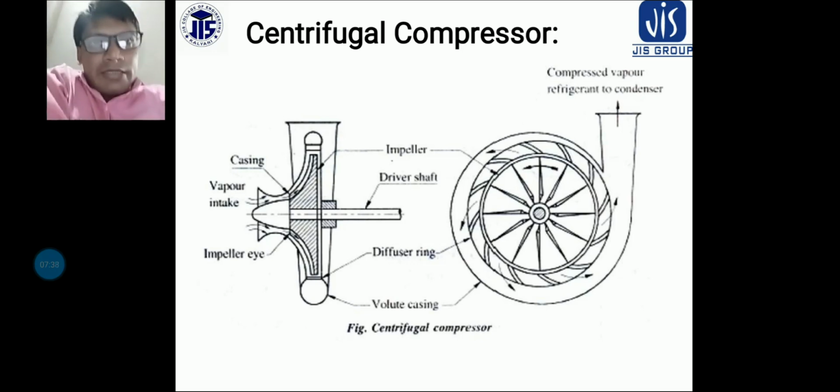The main bearing is the only wearing part. That is the main thing, and I would like to mention the merits and demerits in detail. The first merit is that, due to the absence of unbalanced masses, this compressor operates with little or no vibration.